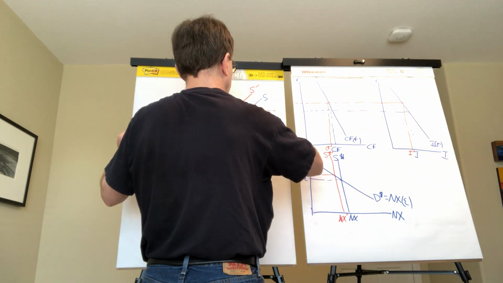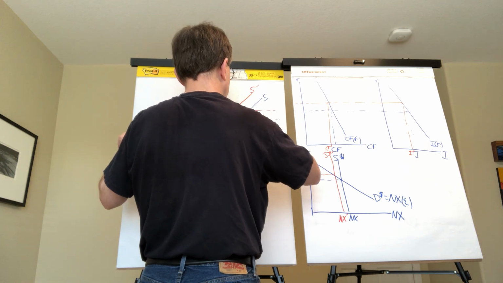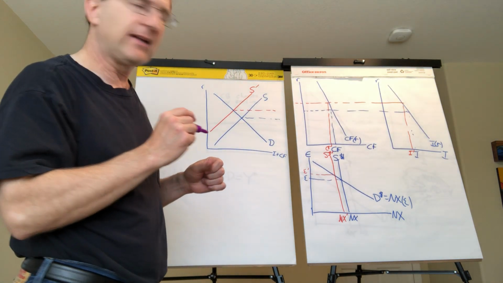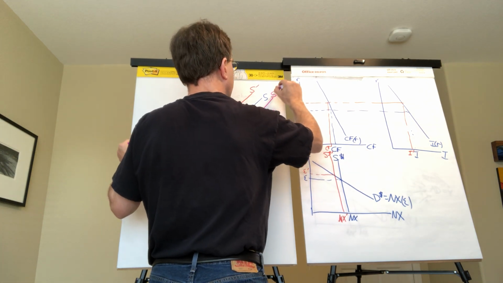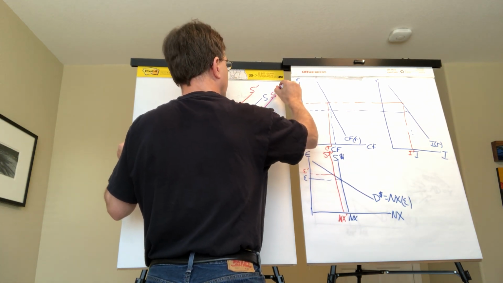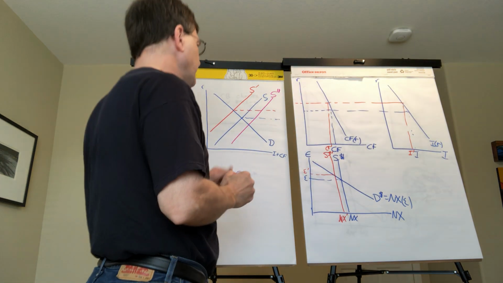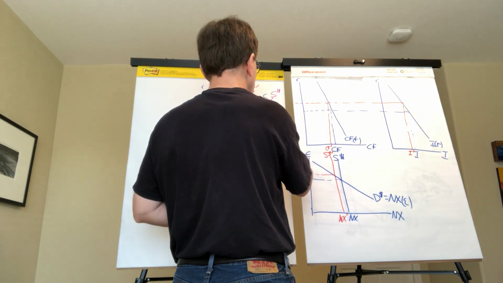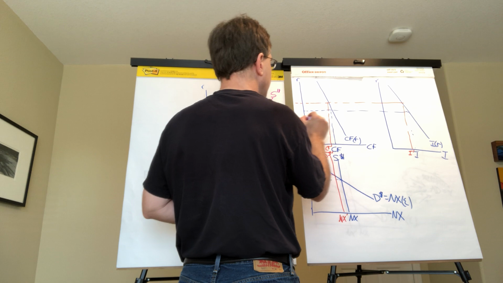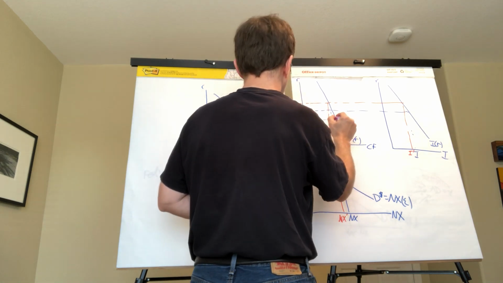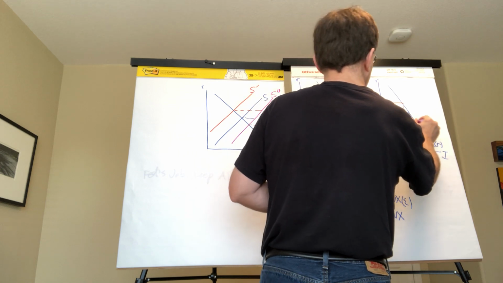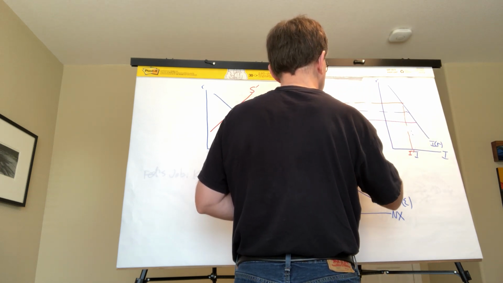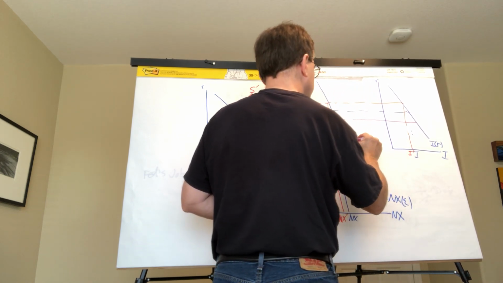So opposite direction, exactly opposite the red, will be the purple. I'll do double primes here. This will be kind of interesting to you to see how it's exactly opposite. And okay, capital flow goes up.